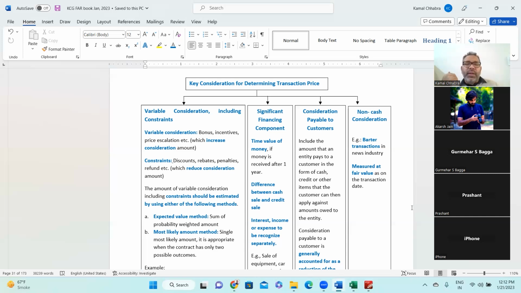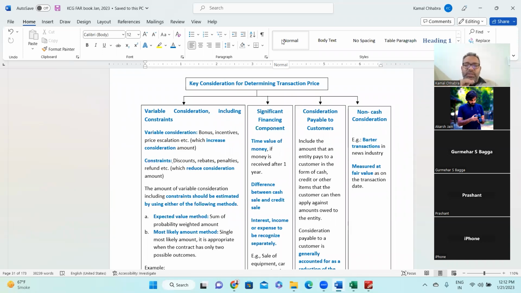Or when the contractor is working and the price of material has significantly increased, and he's asking for escalation on account of the increase in the raw material price, so that is increasing his revenue, right? That is called variable consideration.